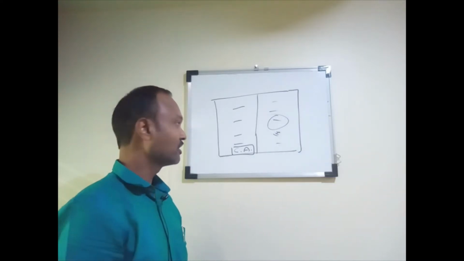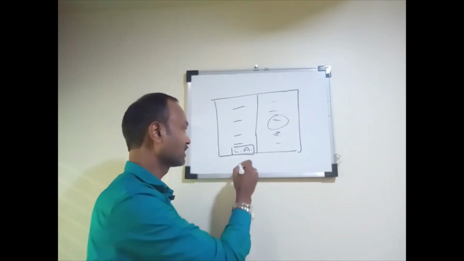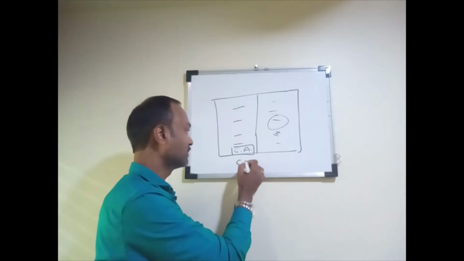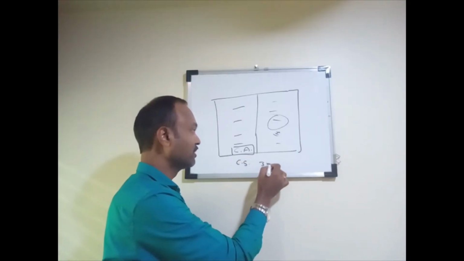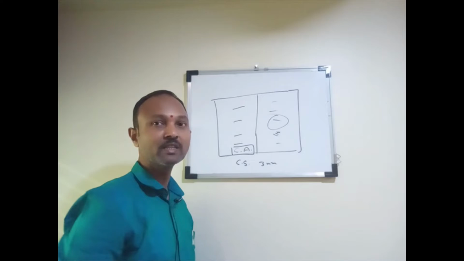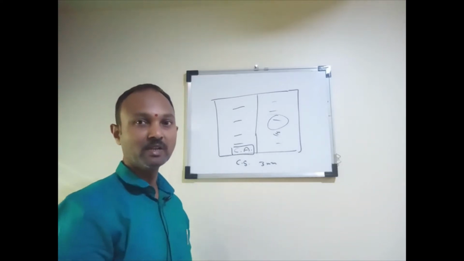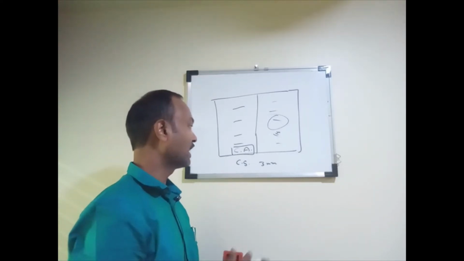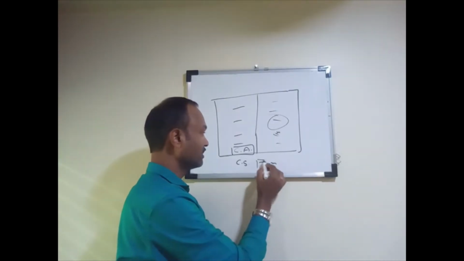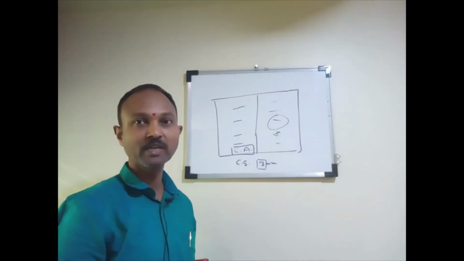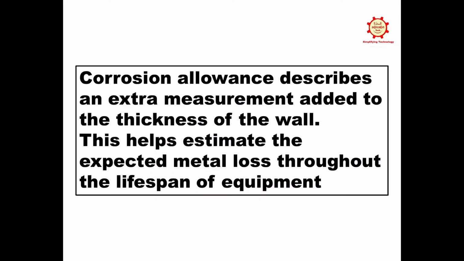That corrosion allowance for carbon steel metals will normally be 3 mm additional. Whatever the calculated thickness is, we add this additional thickness to that vessel.